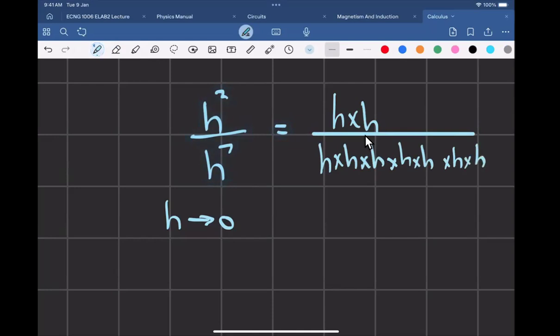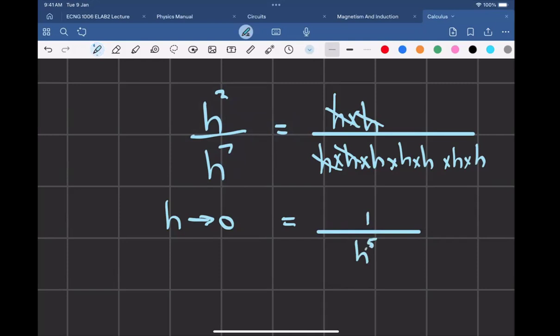Too many h's, so they cancel out. So you're going to put what? 0 over h to the power 5. No, that'll be 1. Oh, okay. 1 over h to the power 5.